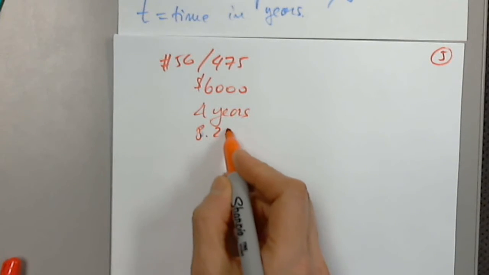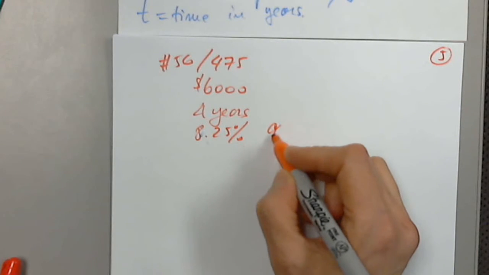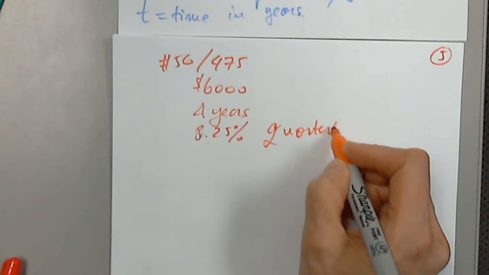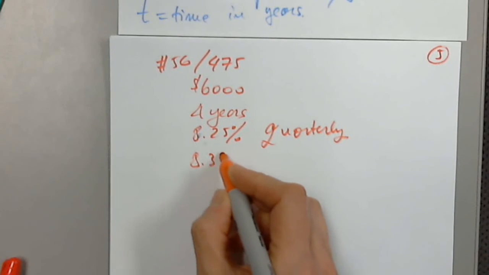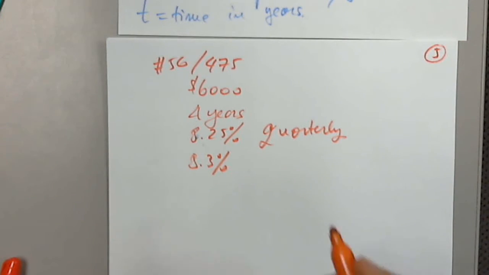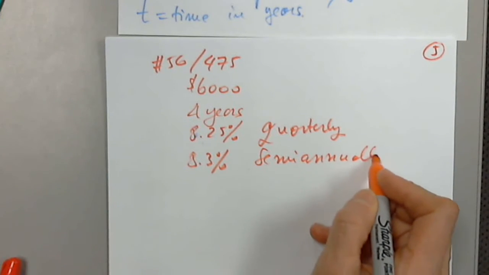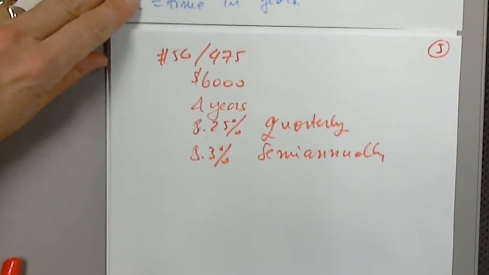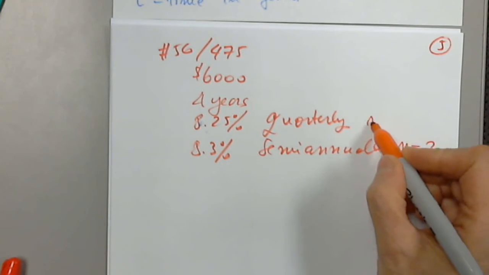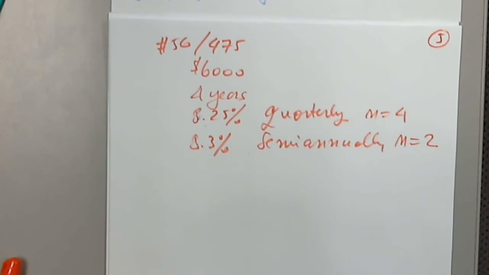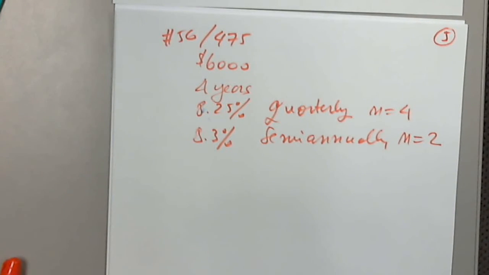And we have 8.25% compounded quarterly and 8.3% compounded semi-annually. Yes, very good. So that means n equals 2. And quarterly, you already told me, n equals 4.